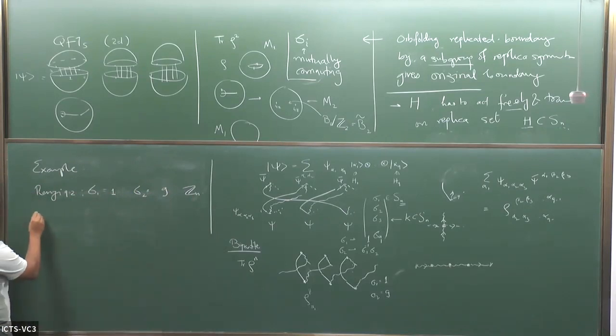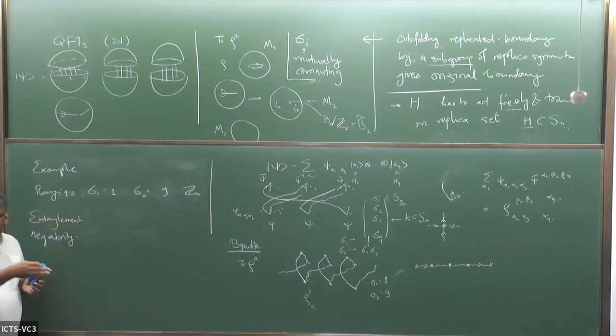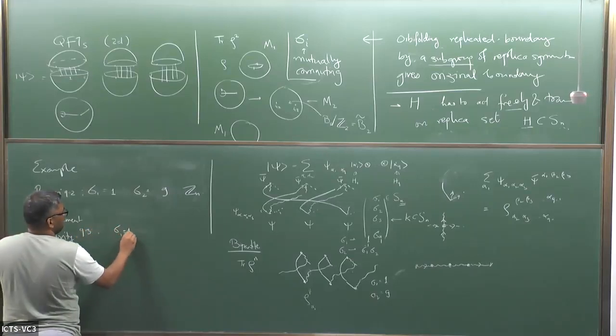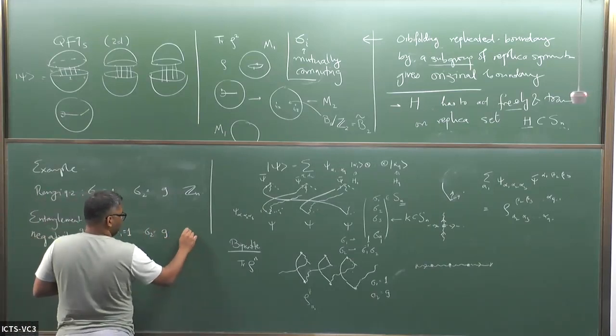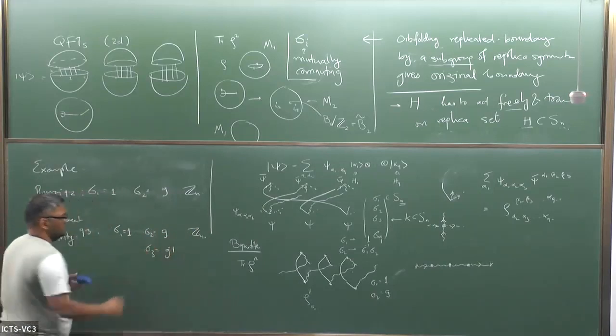Now sometimes people use the entanglement negativity. You can characterize this entanglement negativity also in this way. They construct this thing in terms of some replica trick again. This is defined for q equal to 3, and sigma 1 is equal to 1, sigma 2 is equal to G, again the generator of some Zn, and sigma 3 is equal to G inverse.